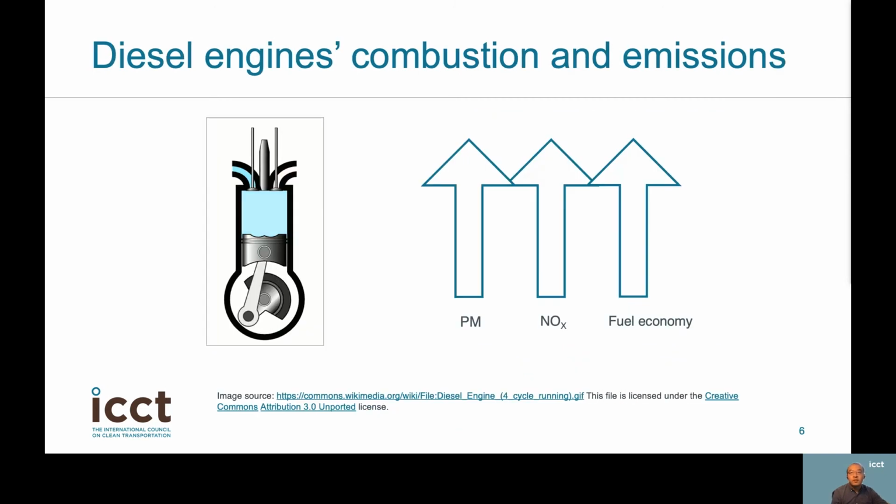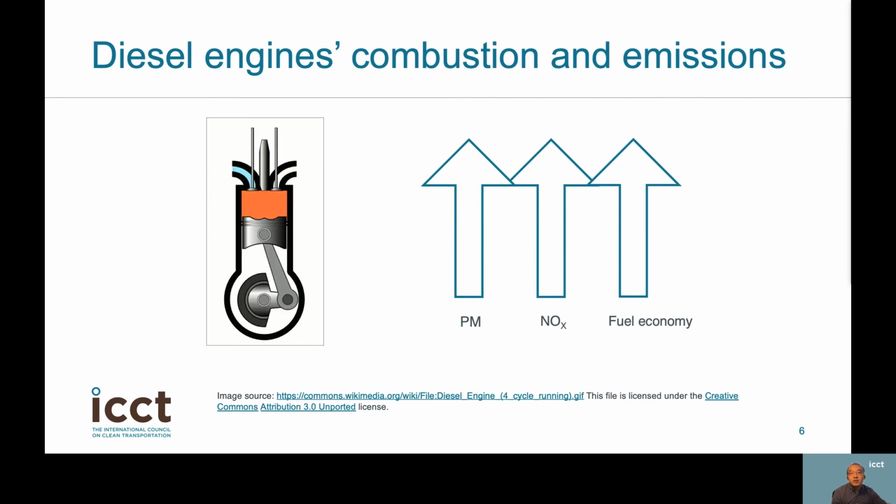Let's start with diesel urban transit buses. As mentioned earlier, diesel engines are compression ignition engines as opposed to gasoline engines, which are spark ignition. Air is compressed to a sufficiently high temperature to ignite diesel fuel injected into the cylinder, where combustion and expansion actuate a piston to generate energy.